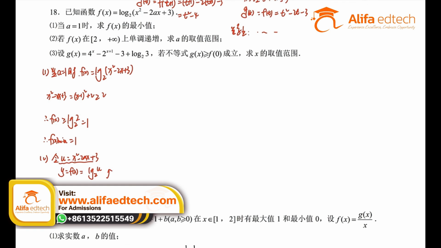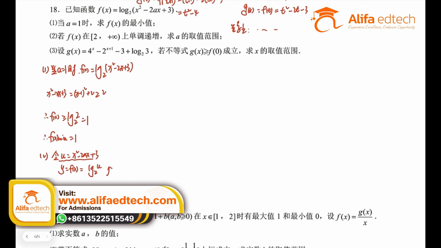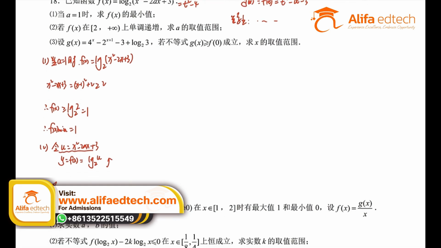Now for this quadratic function, u equals x squared minus 2ax plus 3, it is quite clear that on the interval starting from its axis of symmetry, which is at the value a, and extending all the way to positive infinity, the function is monotonically increasing. You can write this out in words yourself for further clarity.